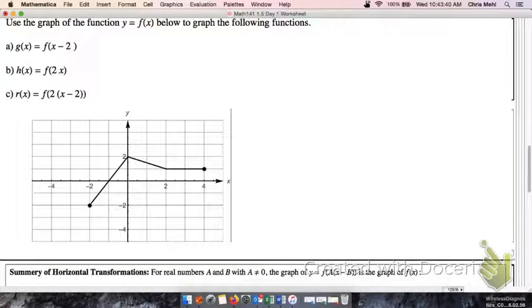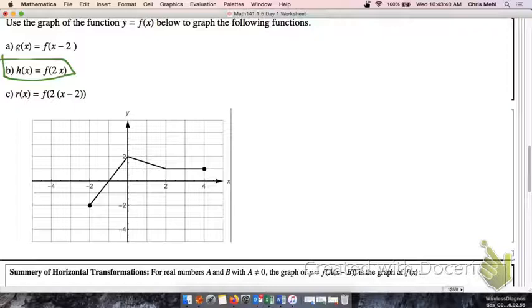Okay, so now we can go ahead and start working on part B. So the values of h are defined by f of 2x.